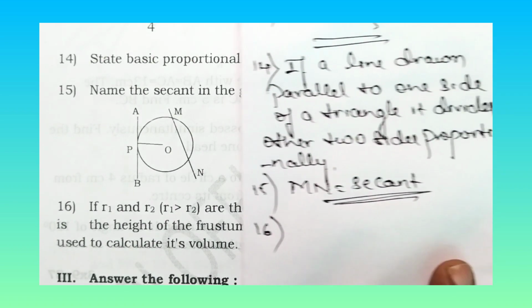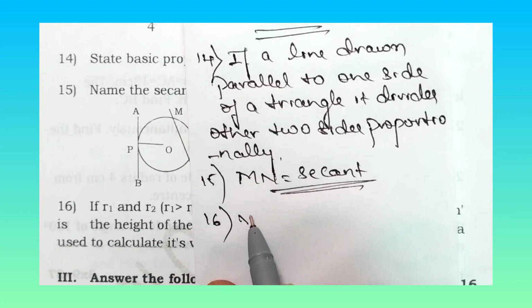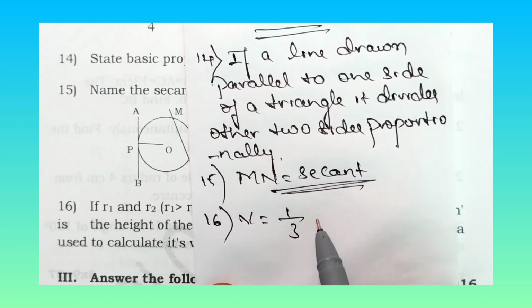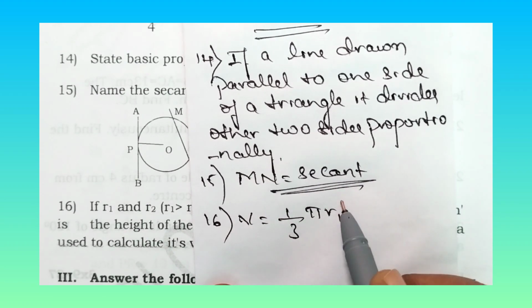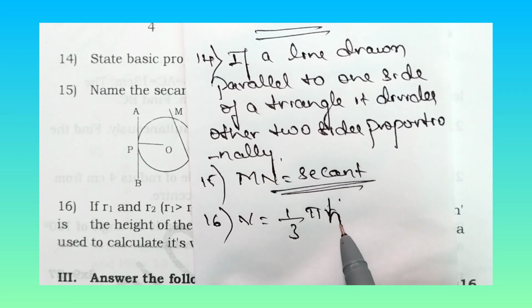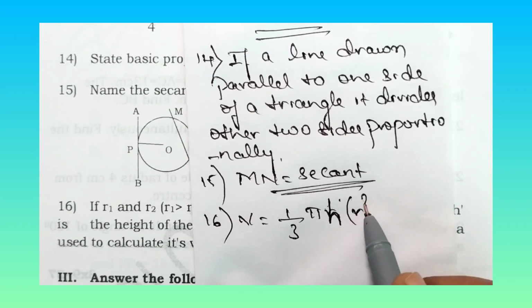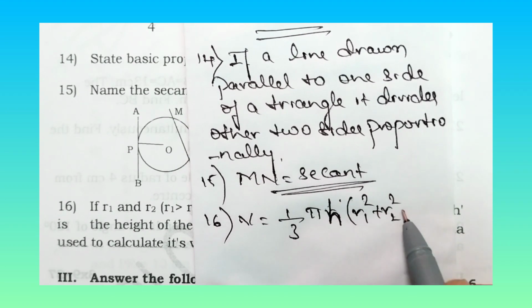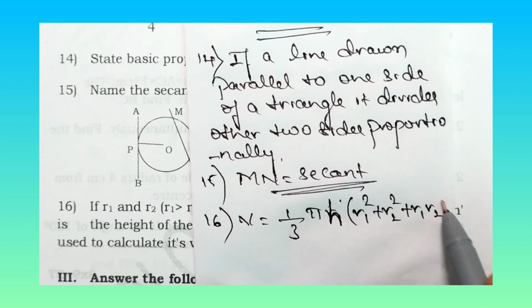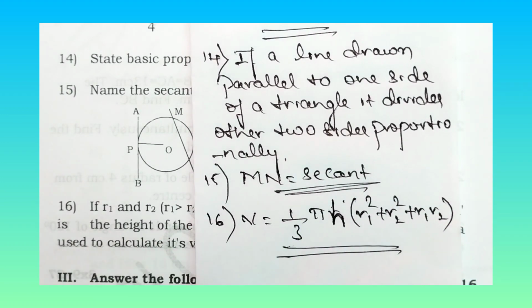We have to write the formula to calculate its volume. So V is equal to 1/3 pi h into R1 square plus R2 square plus R1 R2. This is the formula to calculate the volume of a frustum of a cone.